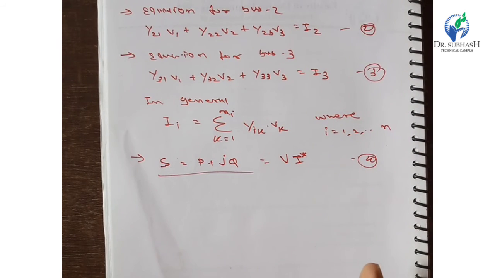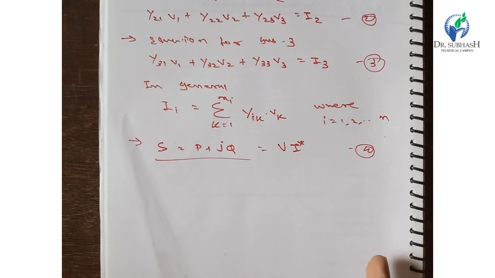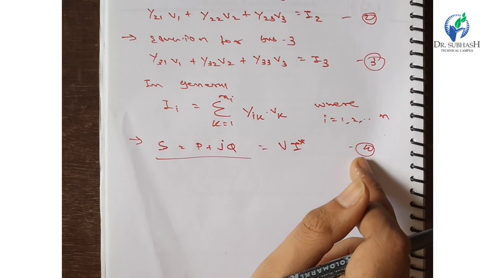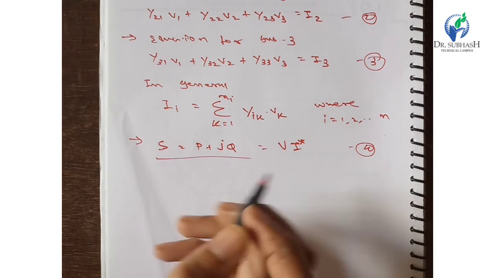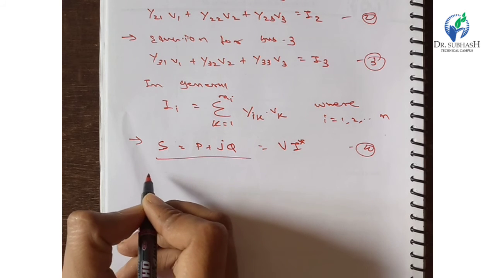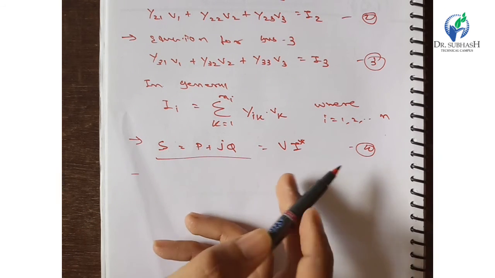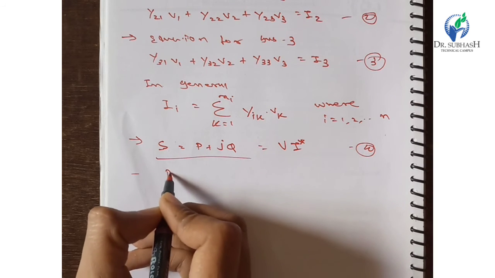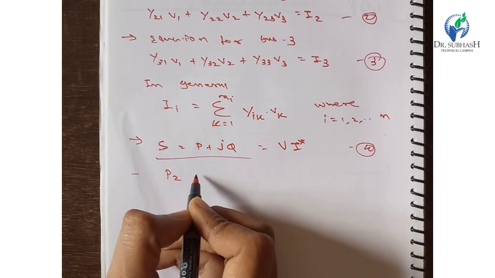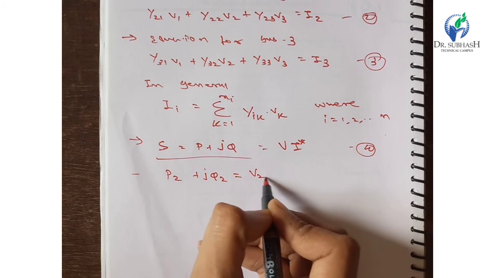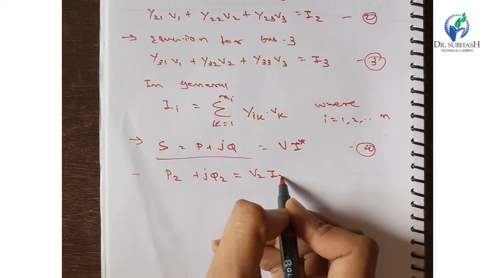Now at bus 2, equation number 4 is modified like S2 is equal to P2 plus jQ2, which is equal to V2 into I2 conjugate.